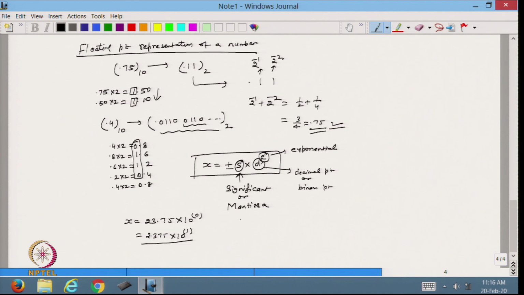There are 2 forms that are well accepted all over the world. The first one is the normalized form, and another is the scientific form.